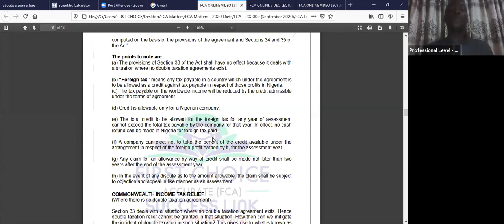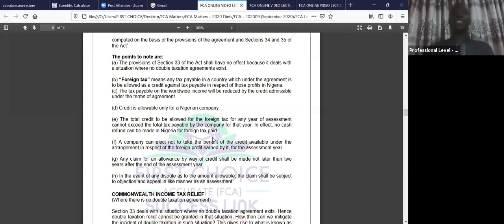Now, when you look for the foreign tax, it is also good to look for the foreign tax rate. How do you look for the foreign tax rate? The foreign tax rate is simply the foreign tax divided by the total income, times 100.